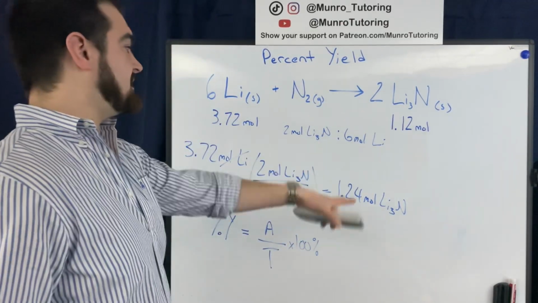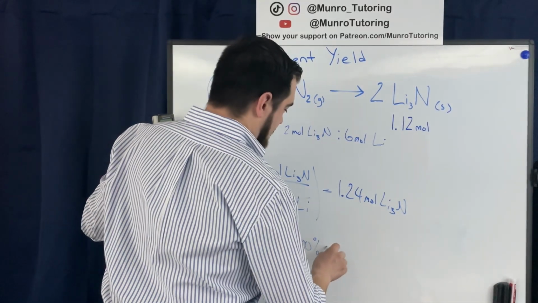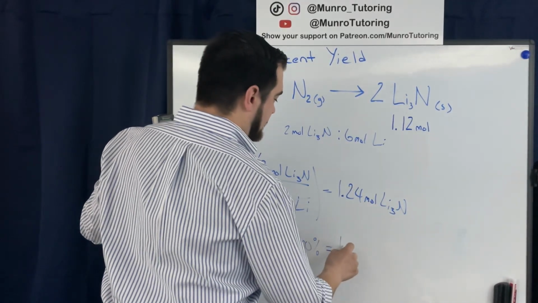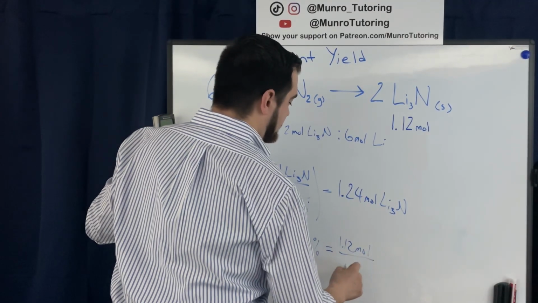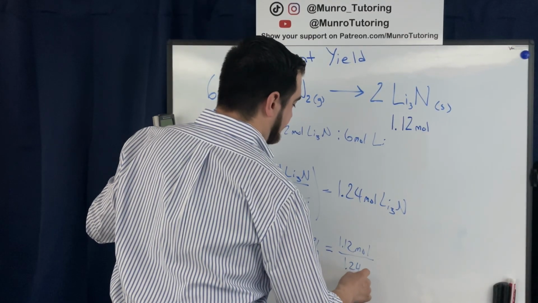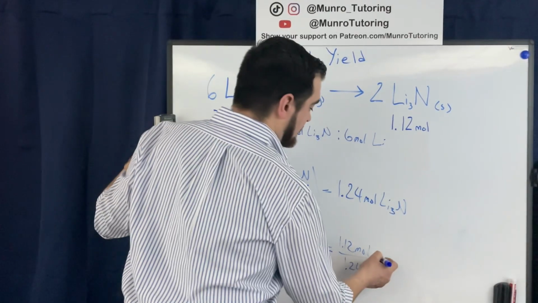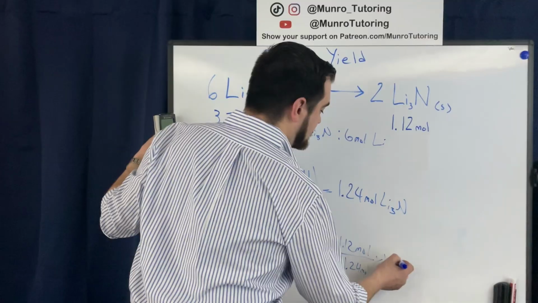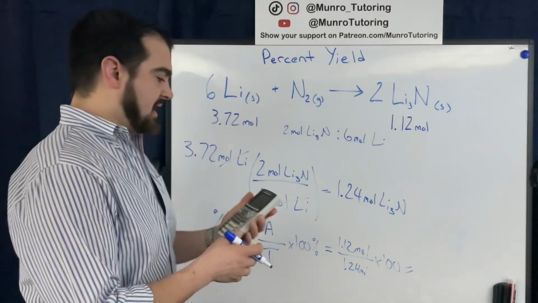So we just take the actual amount that they told us we got, and that's 1.12 moles, over the 1.24 moles that we theoretically would have gotten. We multiply that by 100 in order to make it into a percentage, and let's see what we get.